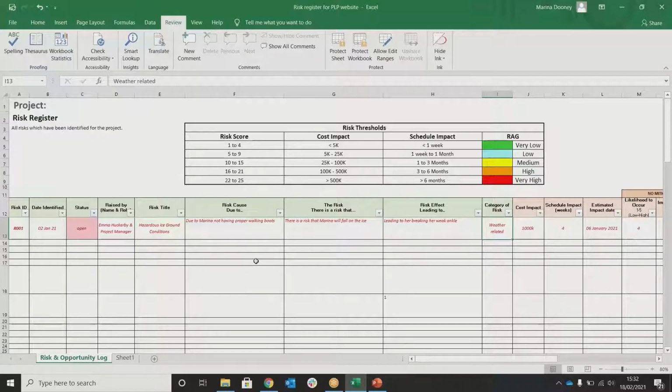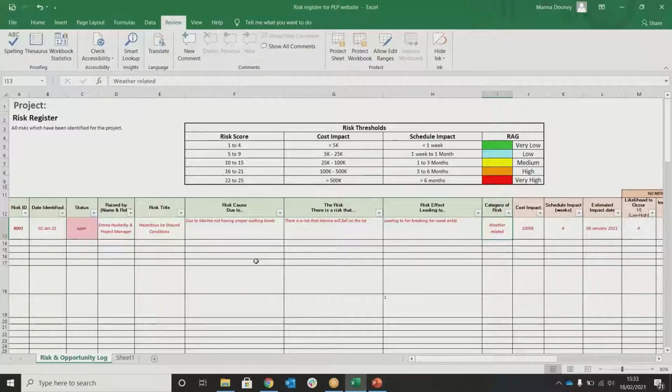If you were to categorize your risk in a functional matrix setup, you usually have one person who is head of that department. So if we put weather conditions, you had somebody who would stop things affecting your project relating to weather.